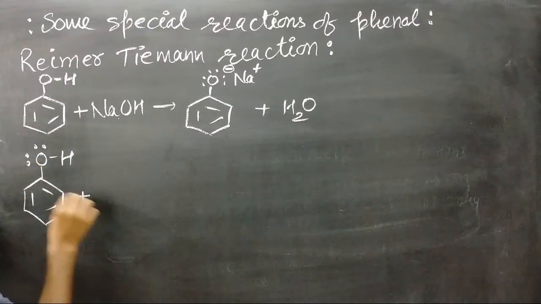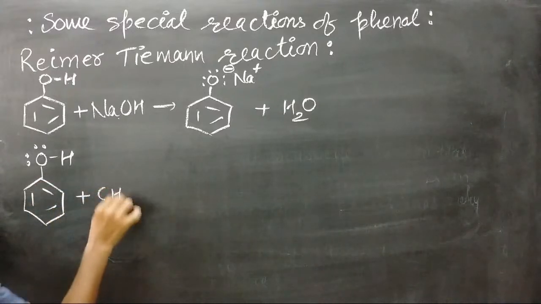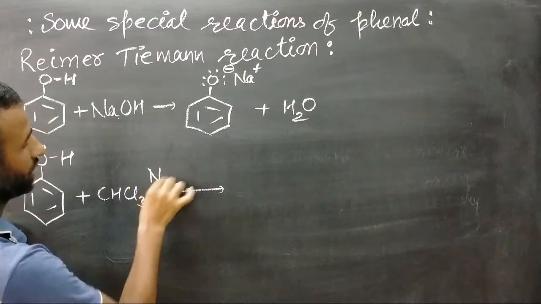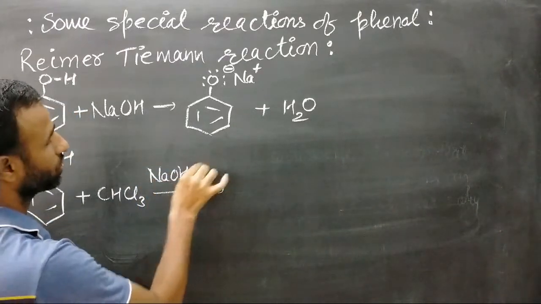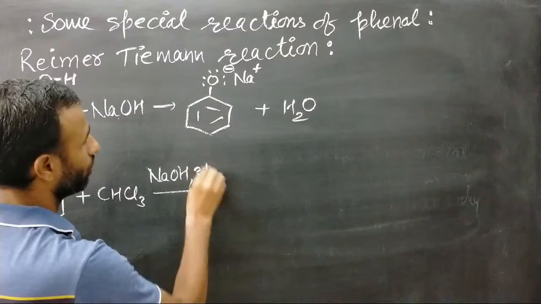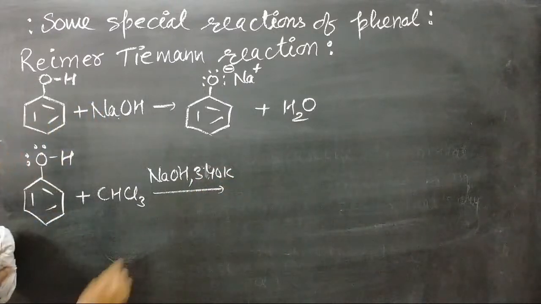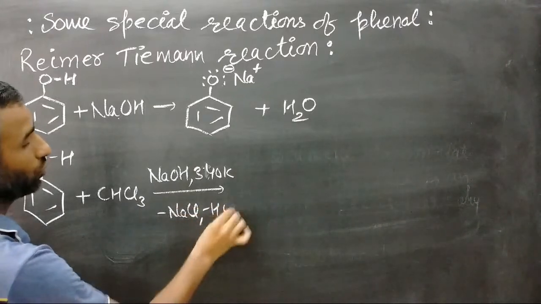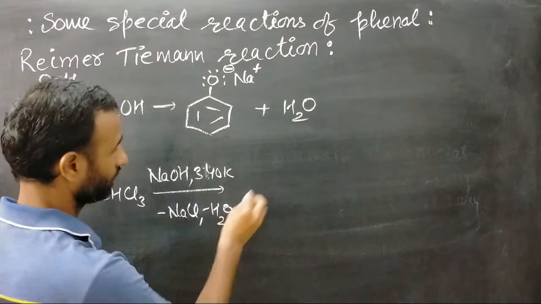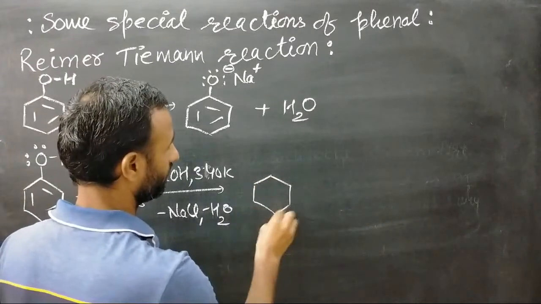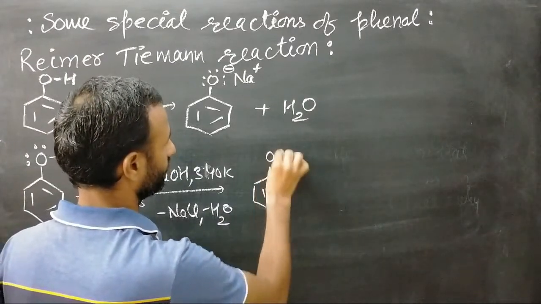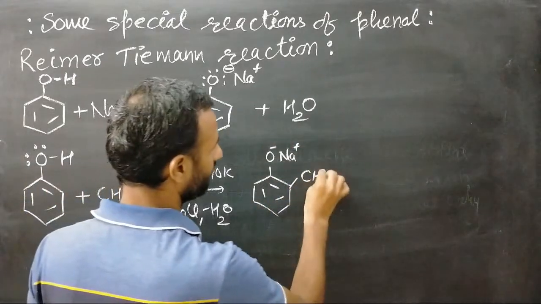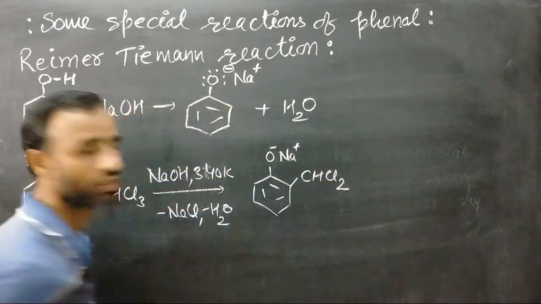So phenol along with chloroform in the presence of sodium hydroxide at 340 Kelvin, NaCl and water are removed, and we get sodium phenoxide and CHCl2.